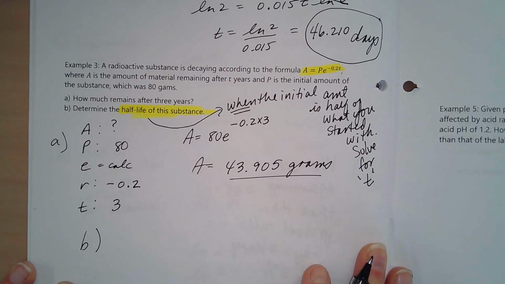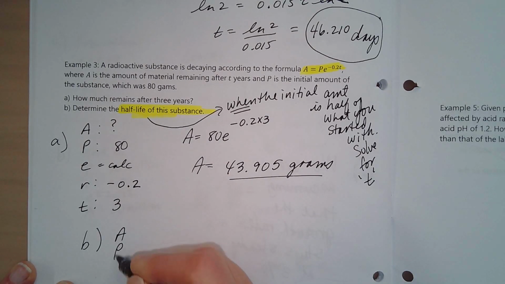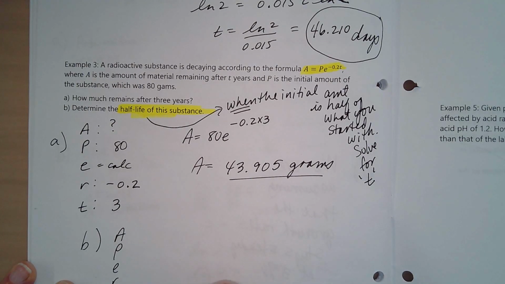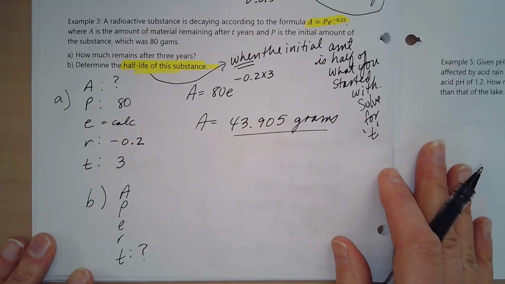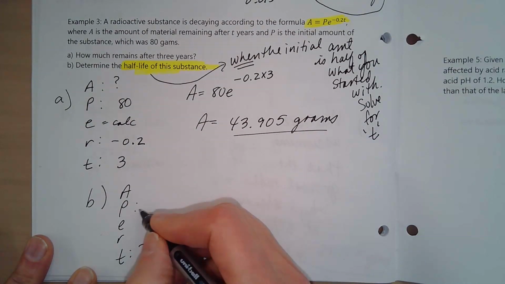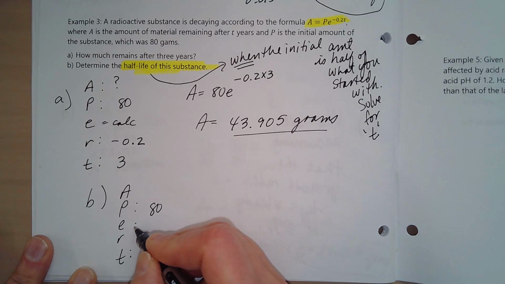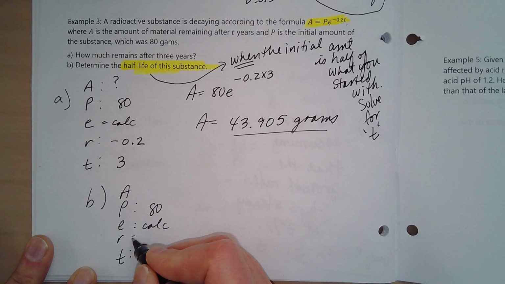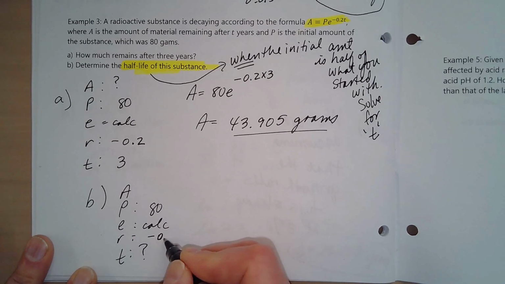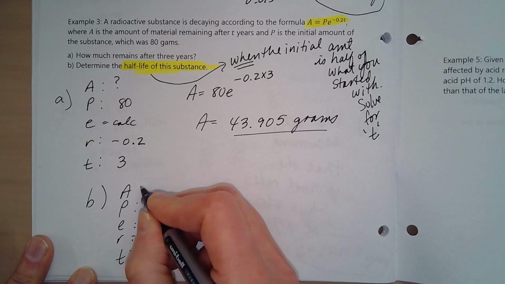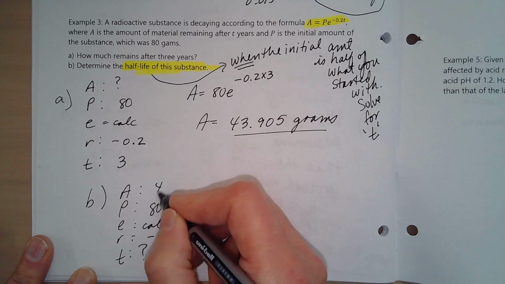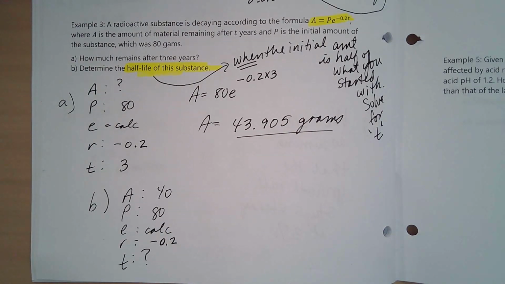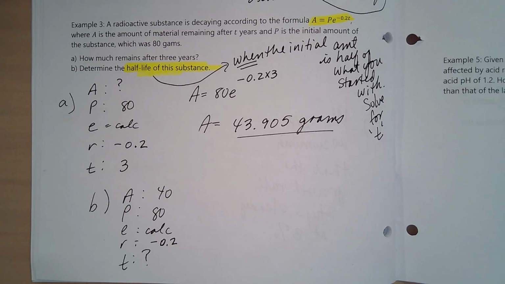What are we going to set it up as? I've got my A, my P, my E, my R, my T. I know T is what I'm trying to find this time. My P was 80. E is in my calculator. The rate is the same, negative 0.2. What's my A this time? 40. And you know how we always get 2 for the doubling, like when the population doubled? Or if the population ever tripled, you'd get a 3, right?